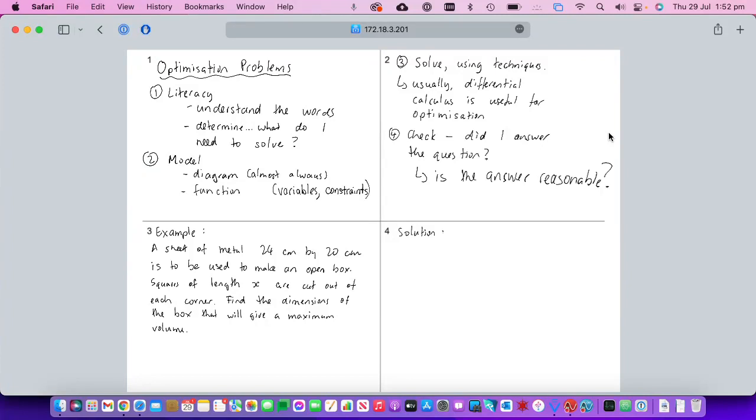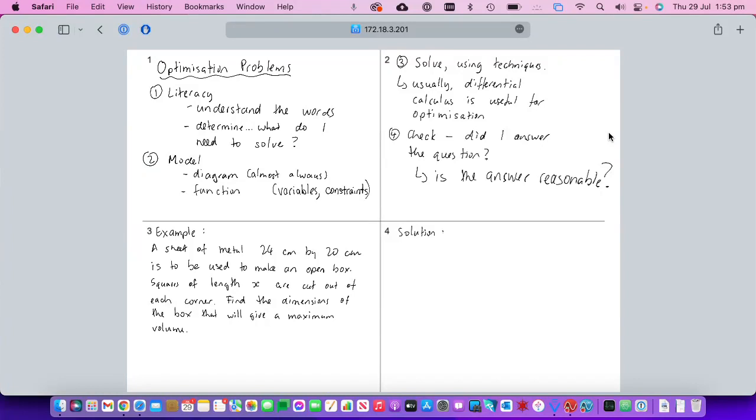Where do you think students tend to spend most of their time? Solving. Yeah, number 3. Step 3, isn't it? And often students will attempt to go straight to number 3. Now, it is true that from a technical perspective, you probably will spend a decent amount of time in step 3. But please do not discount step 1 and step 2.